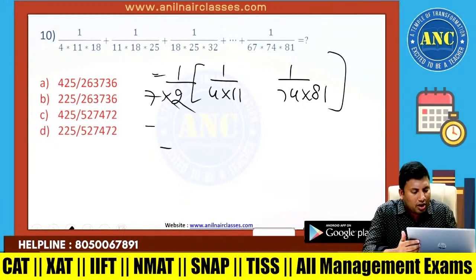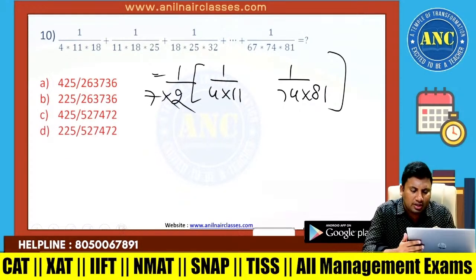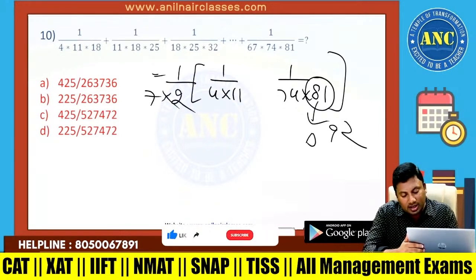Now anyway, the calculation method you know. 74 into 81. 81 is nothing but 9 squared. The answer's denominator should be divisible by 9. Let me first check it.